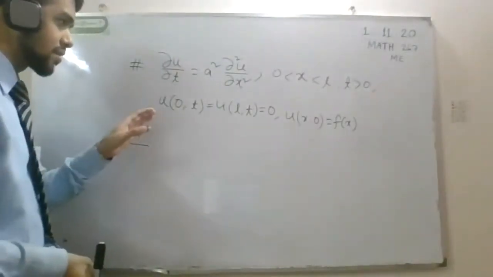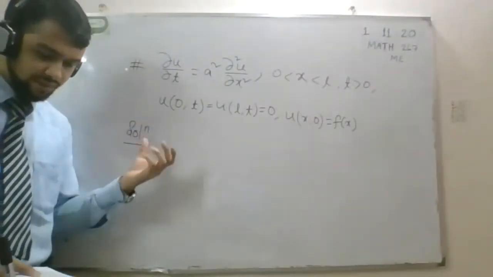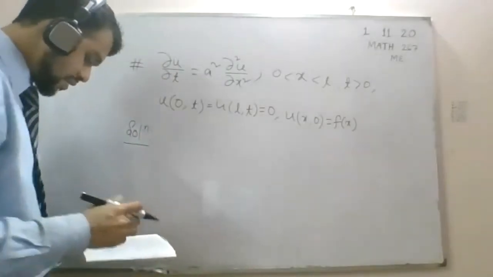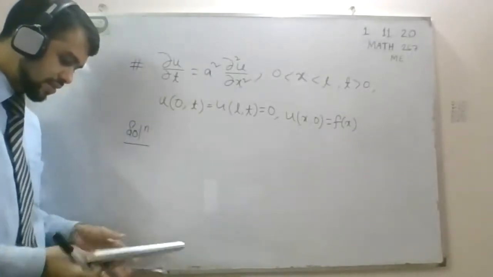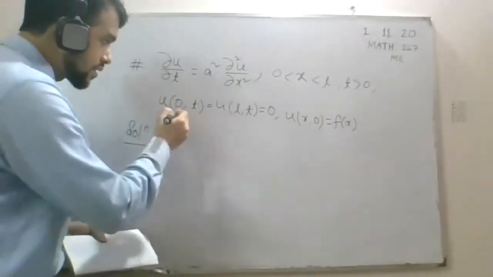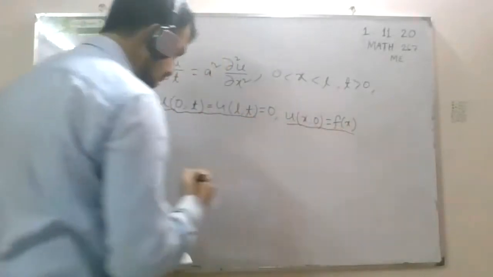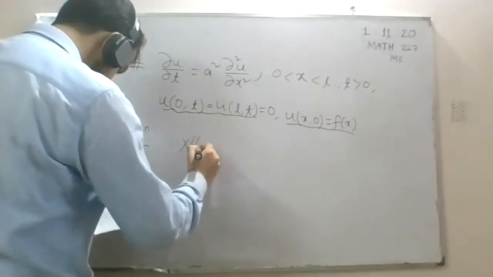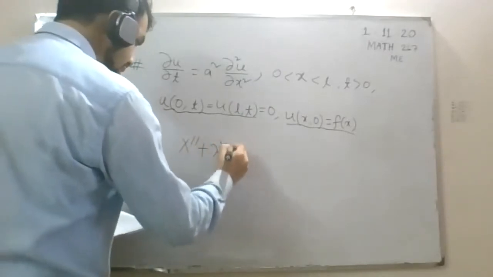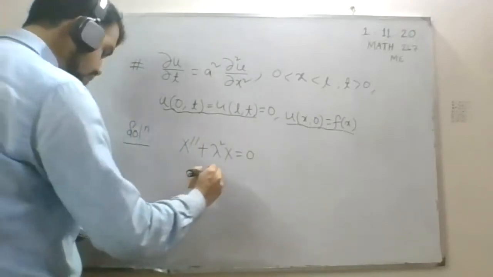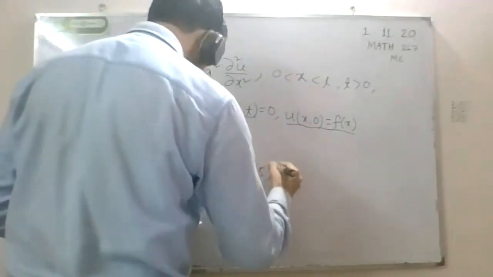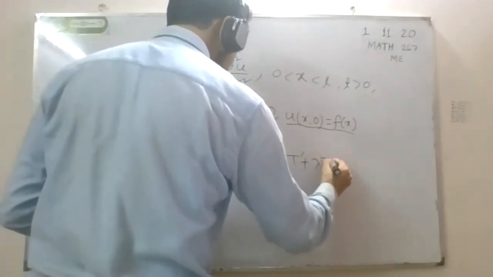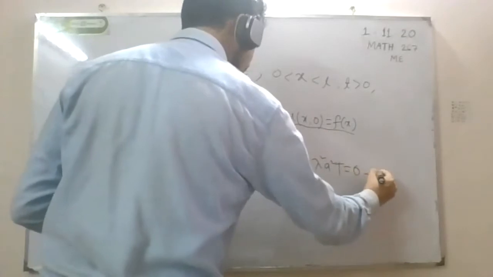Okay, so here we just solved these problems in our previous class, but here I just find out the general solution, which is by using these boundary conditions. We can find out the solution, which is X double prime plus lambda square X equals 0, which is our equation 5, and also T prime plus lambda square a square T equals 0, which is our equation 6.